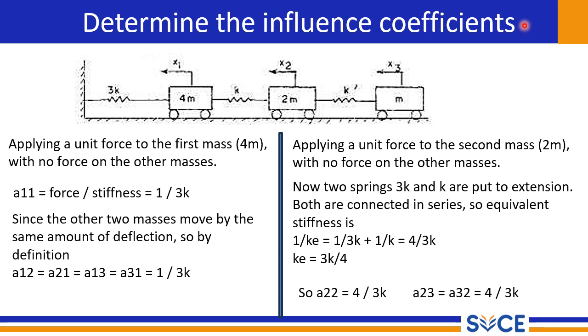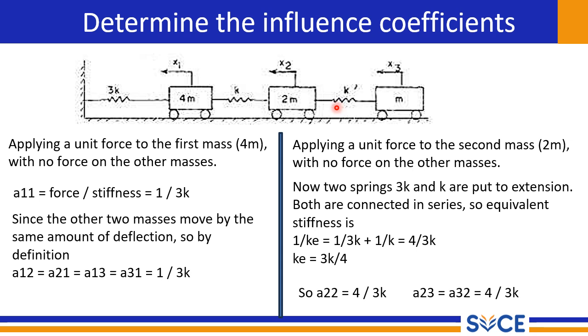We have a system of three masses 4m, 2m and m connected by springs with stiffnesses 3k, k and k. Our goal is to determine the influence coefficients for this system.